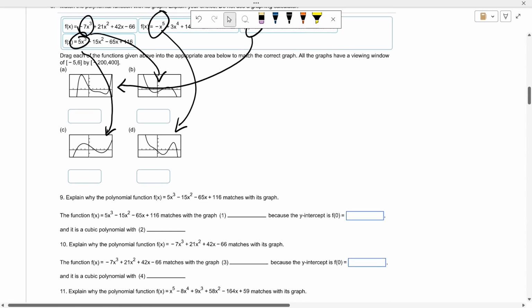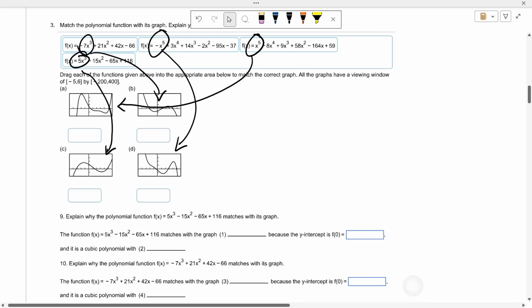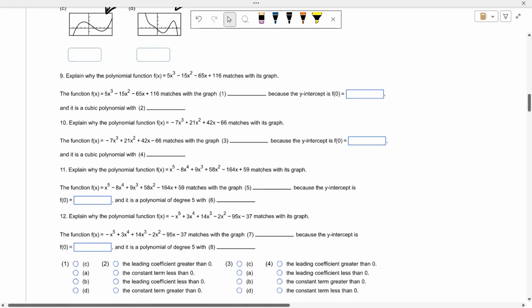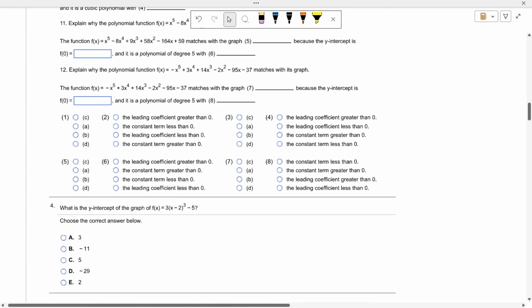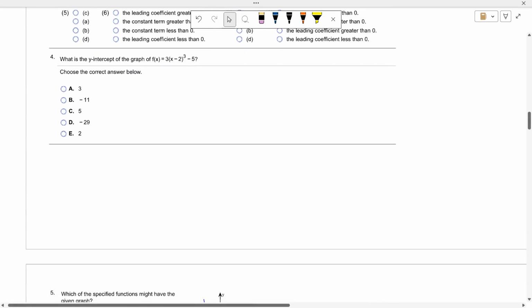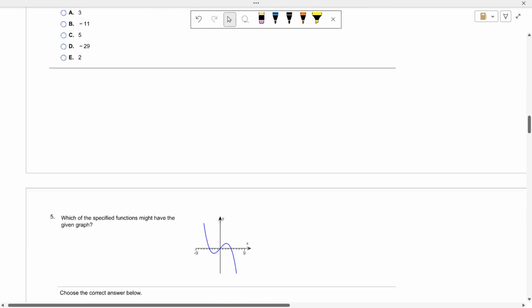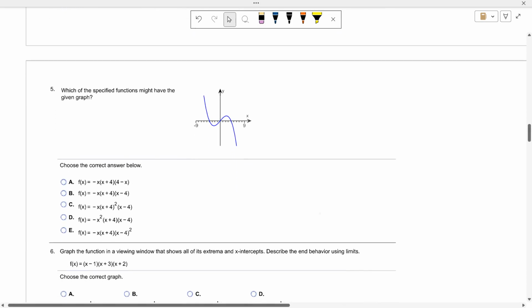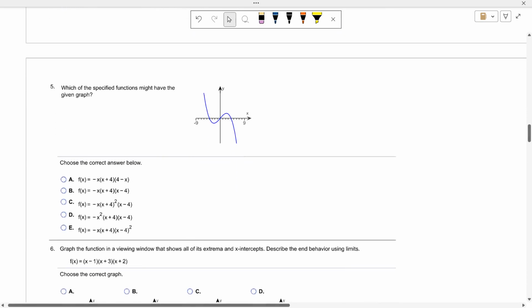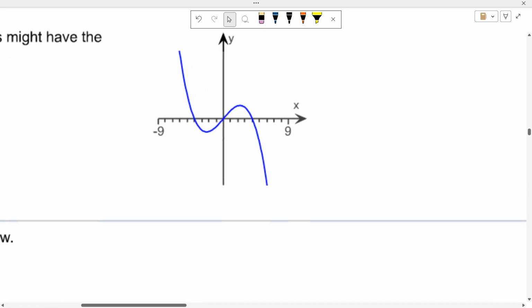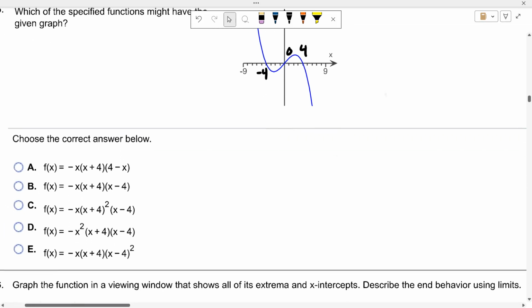Okay. Yeah, and then you'll have to answer questions below that. So find the y-intercept, put 0 in for x. This one is a good one. This one crosses at negative 4, crosses at 0, and crosses at 4. Okay?